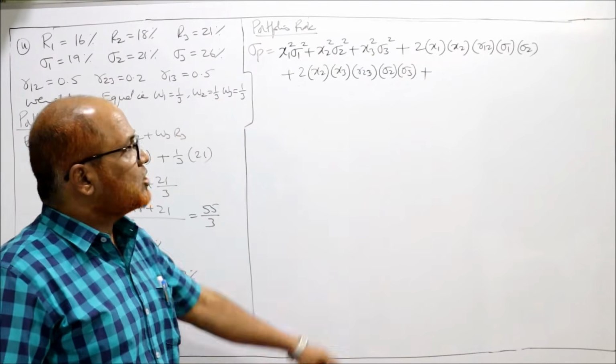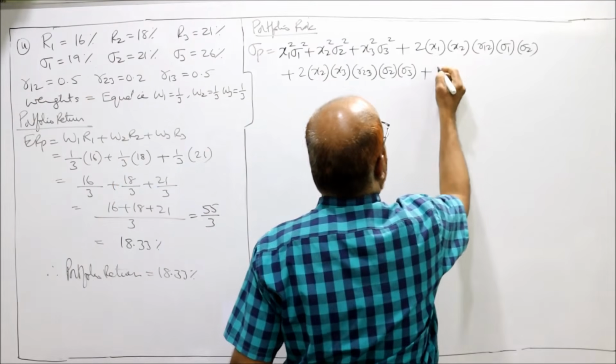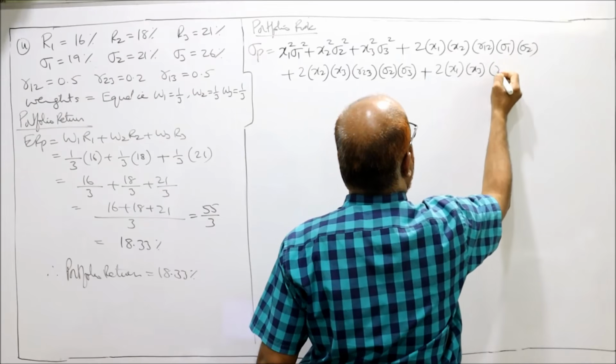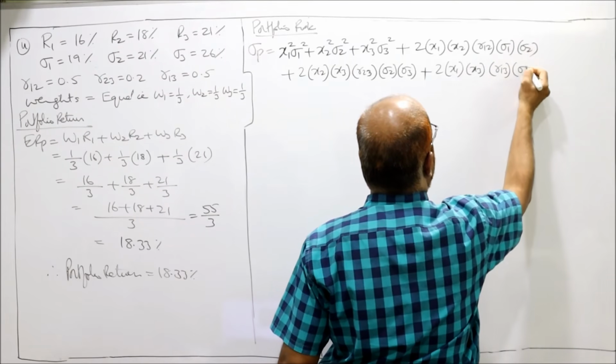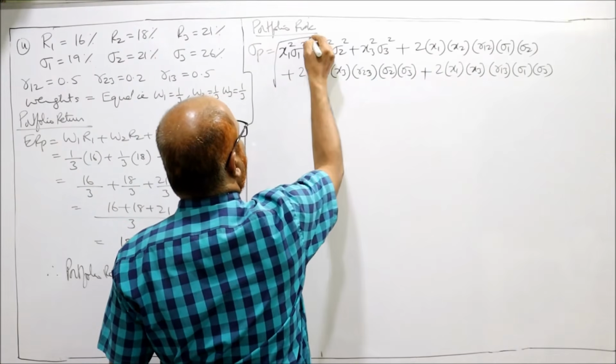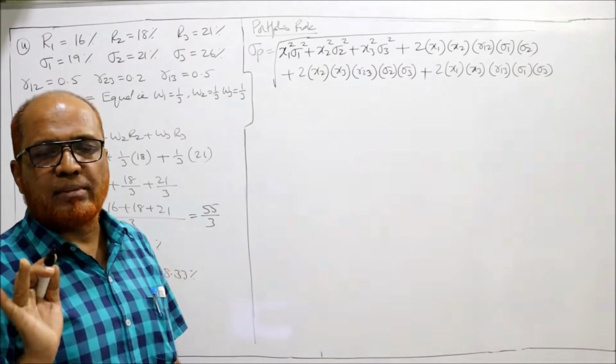We have taken the combination of 2 and 3. Now we'll take the combination of 1 and 3. 2 into x1 into x3 into r13 into sigma 1 into sigma 3. So this is the first problem in which 3 security portfolio risk I am calculating.